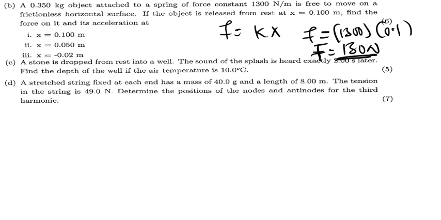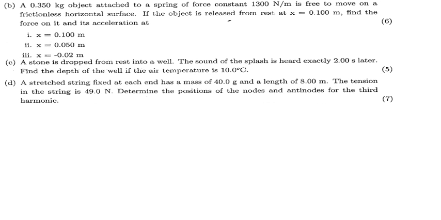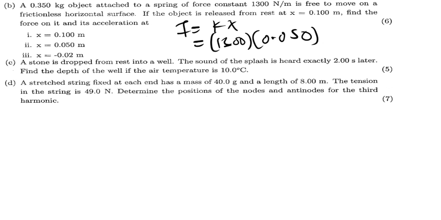Now the second part: you can pause the video, find the force and acceleration, and see if you get it correct. There we go. The force will be given by kx. The k is 1300, the x is now 0.050, so we have 1300 times 0.05, that is 65 newtons.